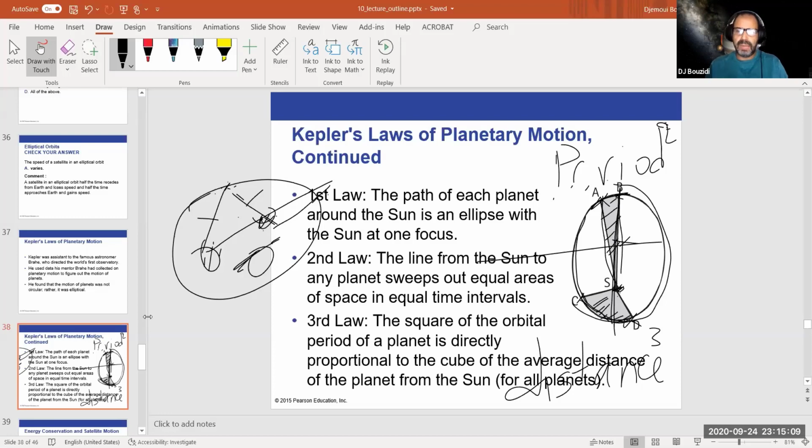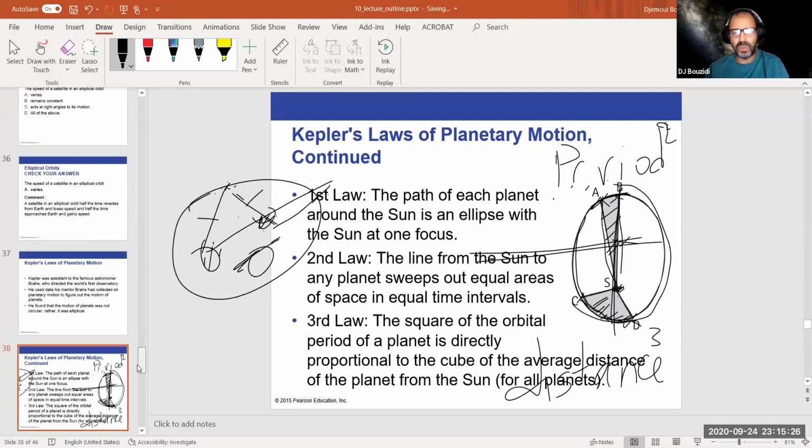So Mr. Kepler explained these laws, and not only that, but he found that ratio, the ratio of the period squared over the distance cubed, okay? So that's basically what we're talking about in the connection between chapter 9 and chapter 10, how these two chapters are related to one another.